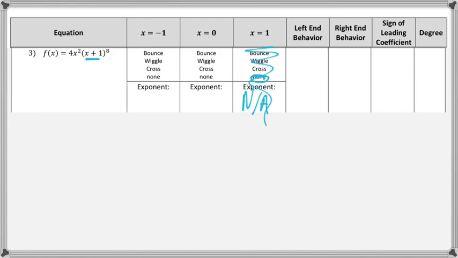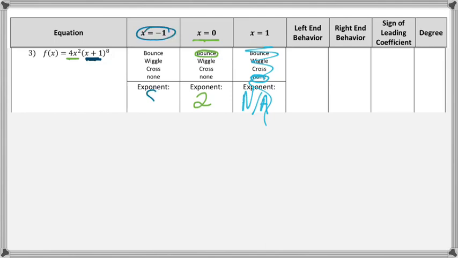And then my 4x squared, that's going to give me my 0. Squared is the exponent. That's even, so it's a bounce. And then for my x plus 1, that's going to give me the negative 1.